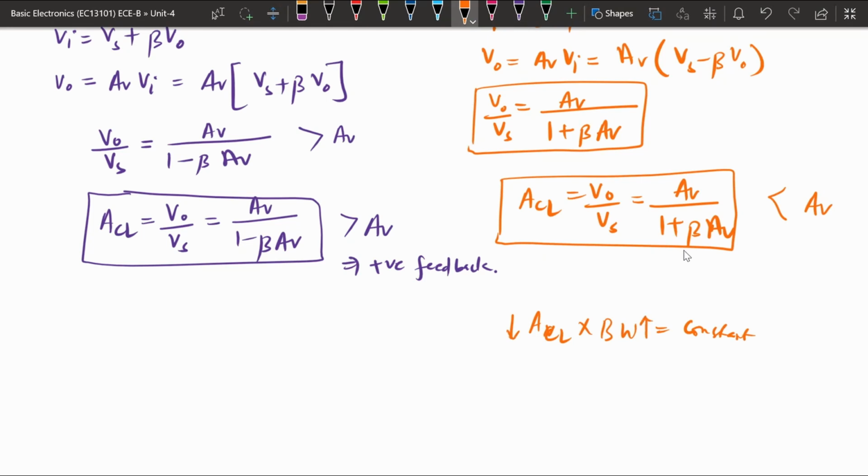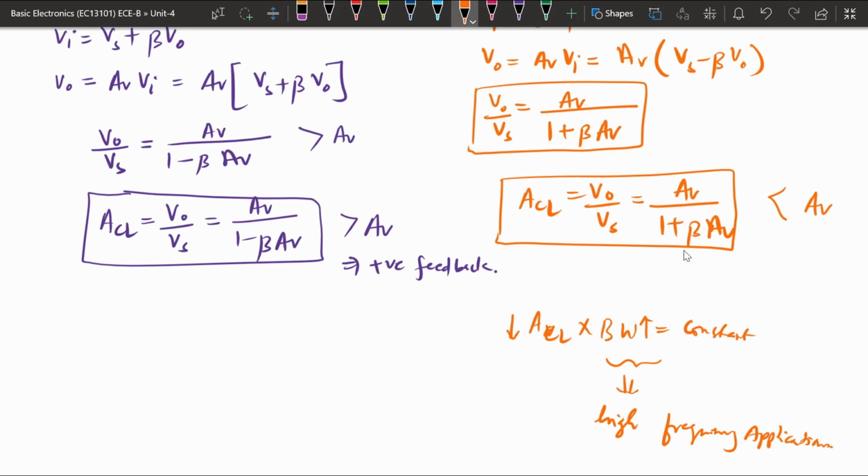So if we are able to increase the bandwidth, now we can use this amplifier for high frequency applications. So this is how we will be using negative feedback system for a high frequency application in amplifier case.